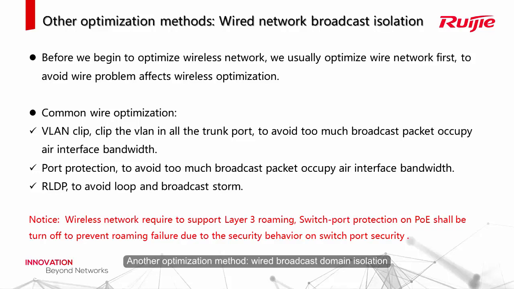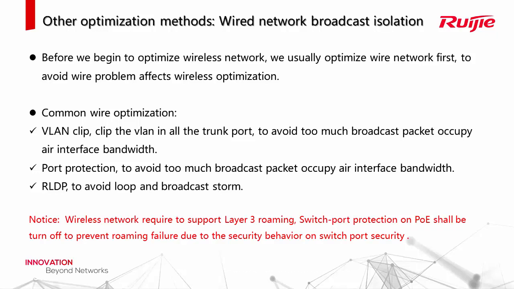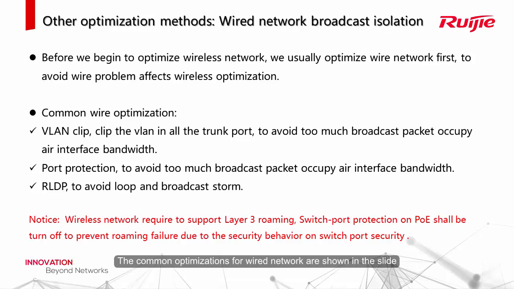Another optimization method, wired broadcast domain isolation. Before we optimize the wireless network, we usually need to optimize the wired network first, because if the wired network has a problem, it is meaningless to optimize the wireless network. The common optimizations for the wired network are shown in the slide.